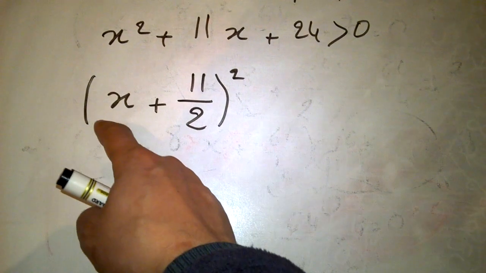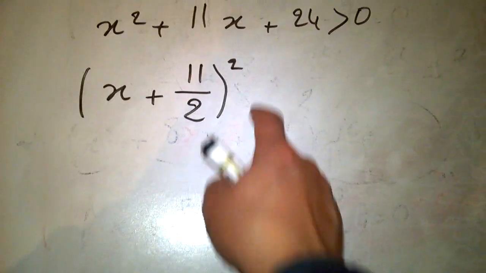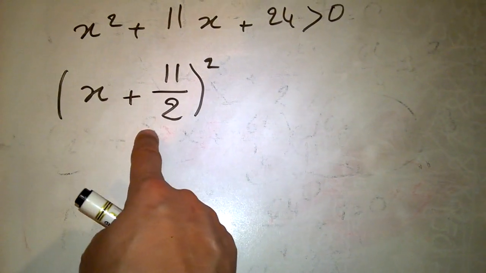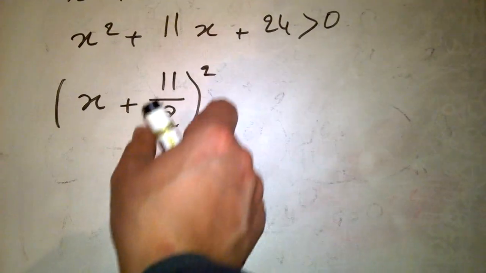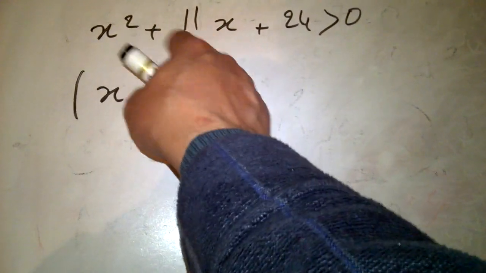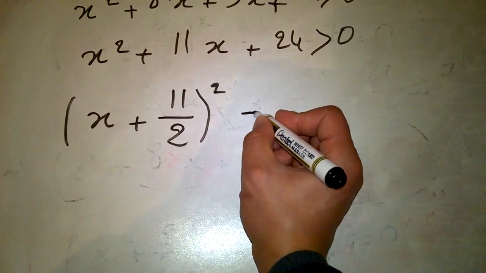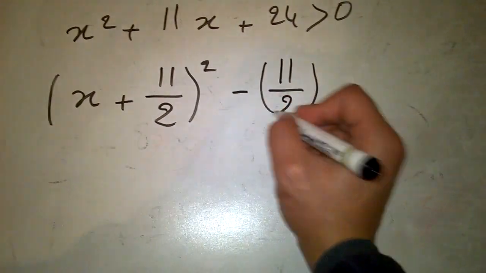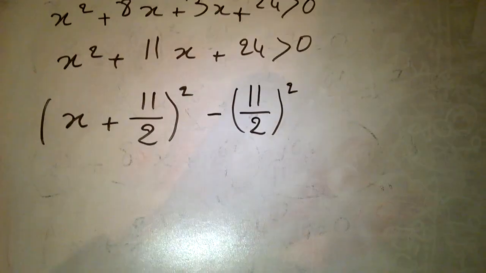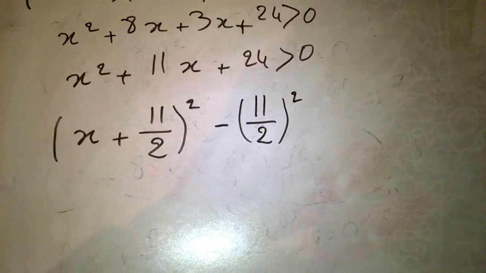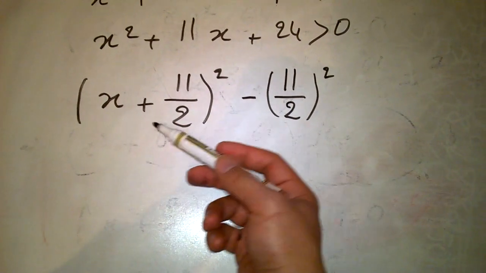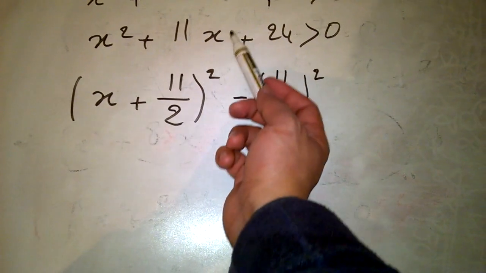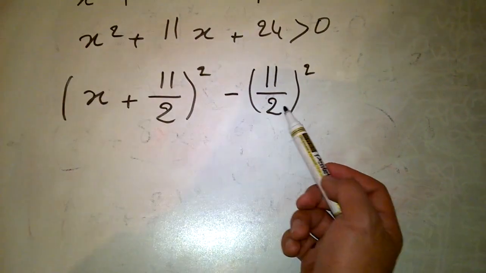This you can do in your head now. If we expand this, we'll get x squared plus 11x plus 11 over 2 all squared. And to get back to this, we'll have to minus the 11 over 2 squared. Right? Because if you expand this, you get plus 11 over 2 squared. But here we don't have 11 over 2 squared, so we take it back.